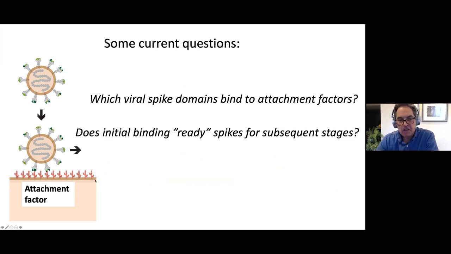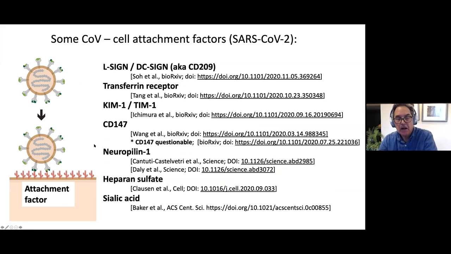So in further dissecting these steps, it's reasonable to start at the beginning with the initial attachment step, now shown at the far left. And here, sorry, go back one. Here it's kind of remarkable that there are so many attachment factors identified thus far for SARS-CoV-2.